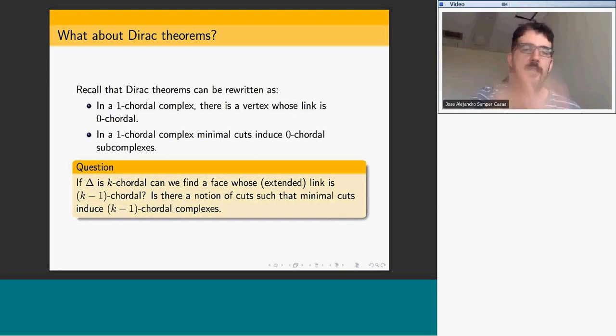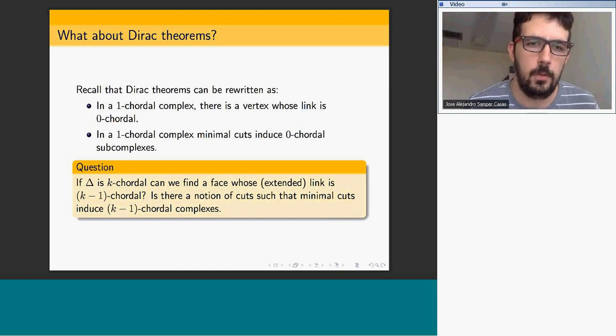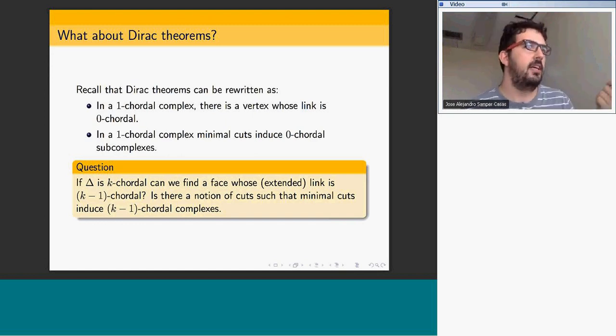But we can talk about Dirac theorems in terms of chordality. So remember that chordal complex means that in a one chordal complex, the one-skeleton of the complex is a chordal graph.